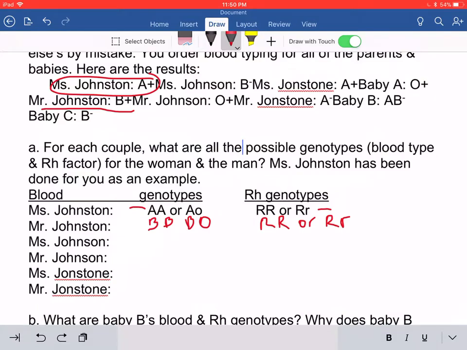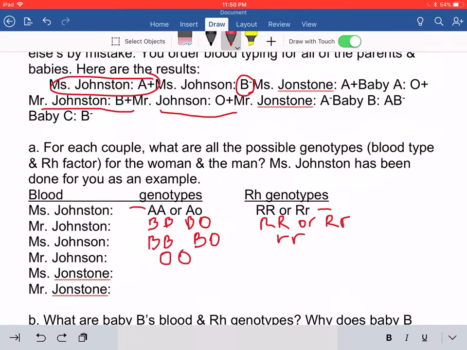Miss Johnson is B negative. So she can be BB or BO, but we know that she has to be little r, little r. That's the only way that you can get that negative condition. Mr. Johnson is O positive. So we know that the only genotype that creates the O blood group is OO.